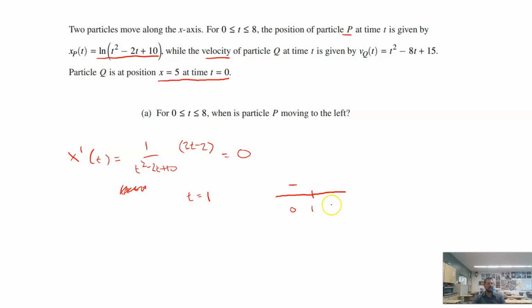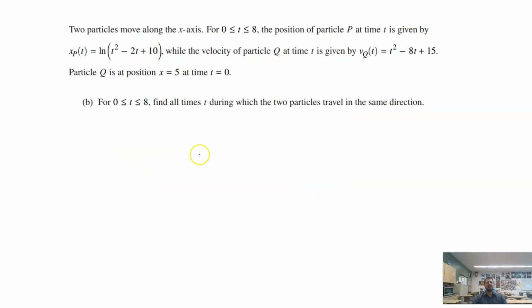If I plug in a number bigger than 1 like 7, that gives me a positive number on the top, and that also gives me a positive number on the bottom. So a positive and a positive, that's positive, that means it's moving to the right. So particle P is moving to the left from 0 to 1. So that is your answer for letter A.